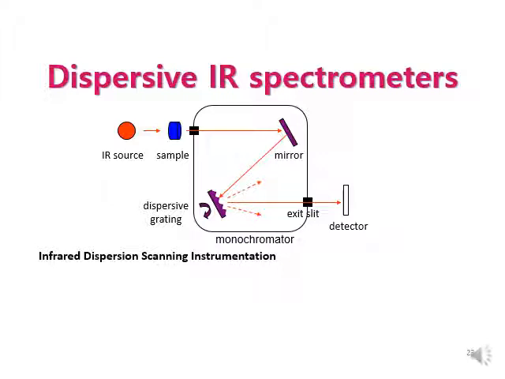Here the dispersive grating works like a prism, and it will diffract the light that comes from this mirror, and then the real signal will go to this exit slit and go to the detector. Okay, so this is the whole thing. Here is the monochromator.